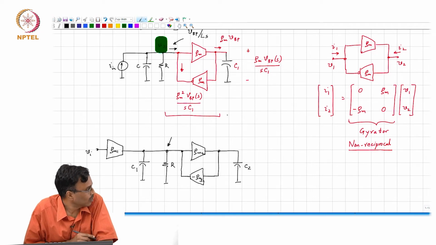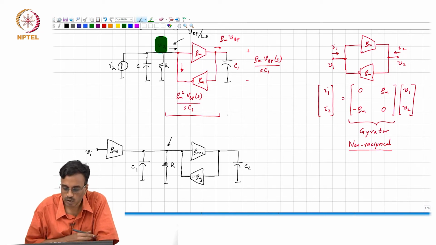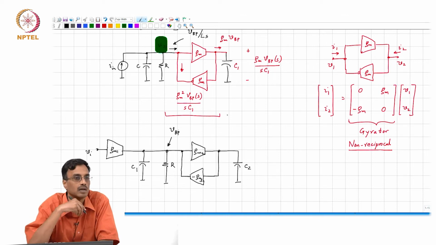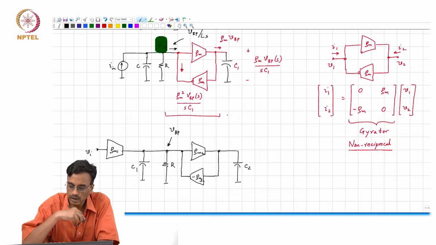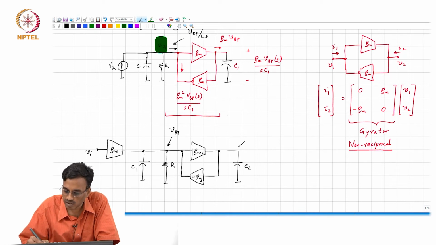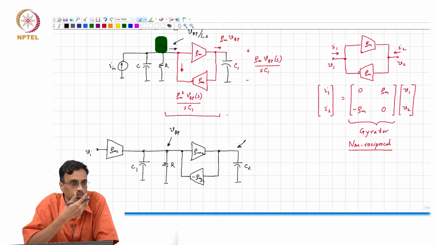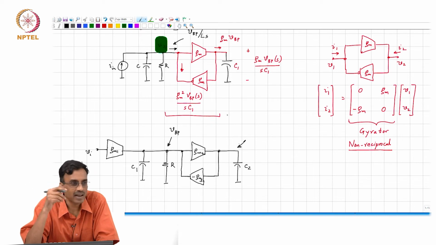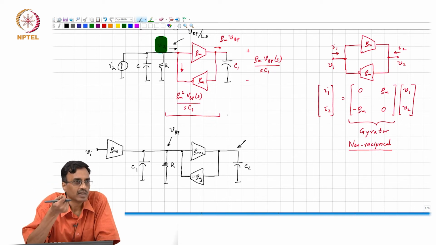And well, you already know that this voltage is a band pass transfer function, right. What comment can you make about this transfer function? Why? That the voltage there is analogous to the inductor current.